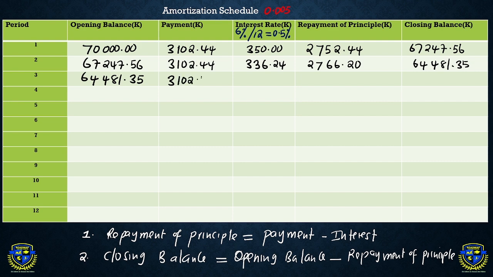You'll be required to pay that amount of money throughout the period: $3,102.44.